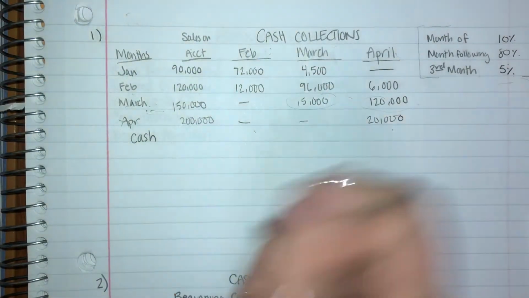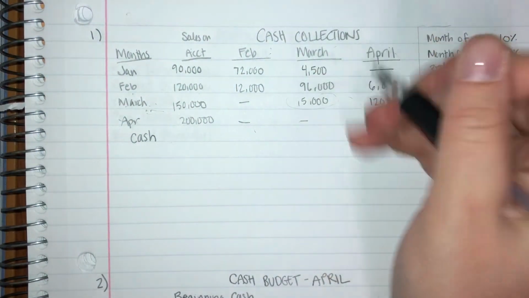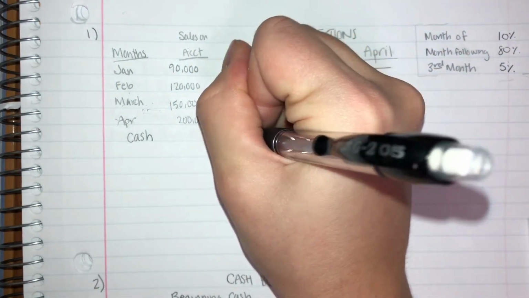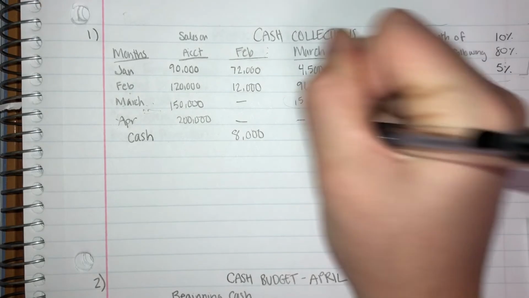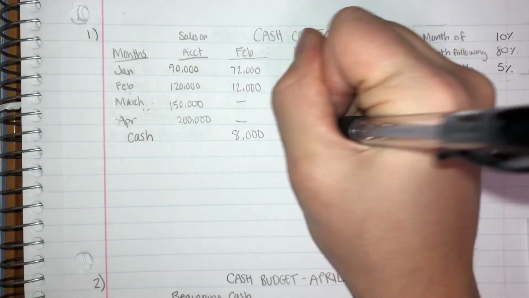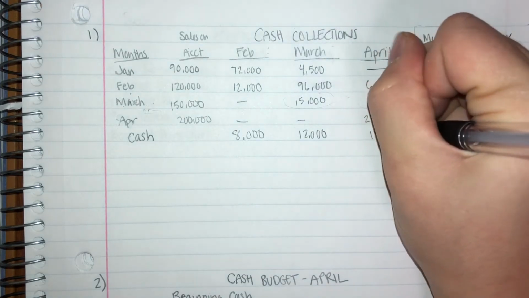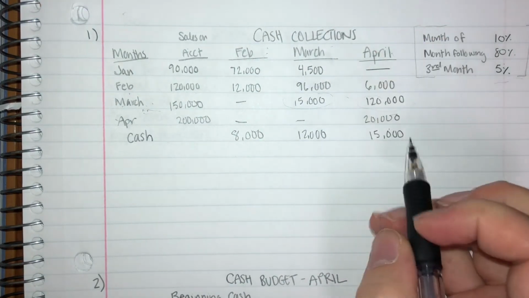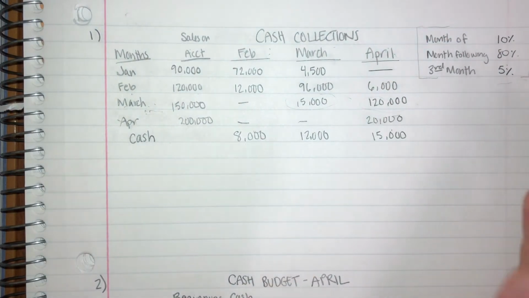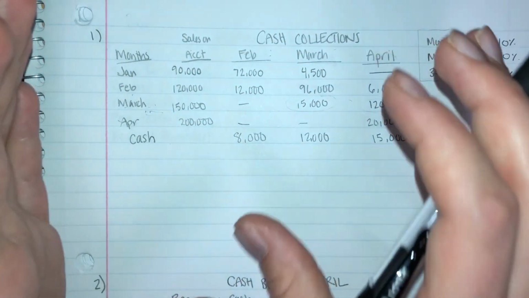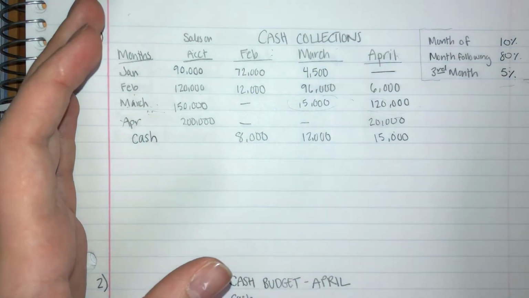You can call it maybe cash collected, something like that, but this is actual cash that we know that we're collecting. So in February it was 8,000, in March it was 12,000, and in April we had 15,000. Great. Now we actually are pretty much done with this question in terms of the cash collection schedule.